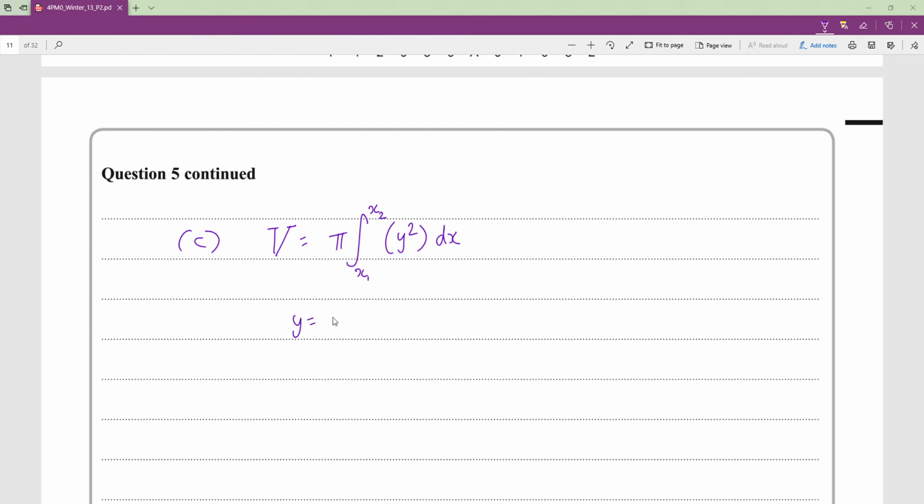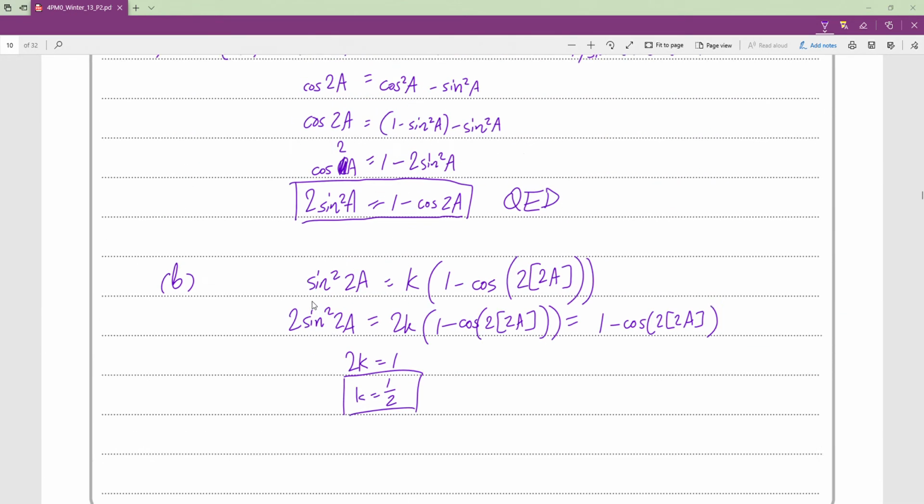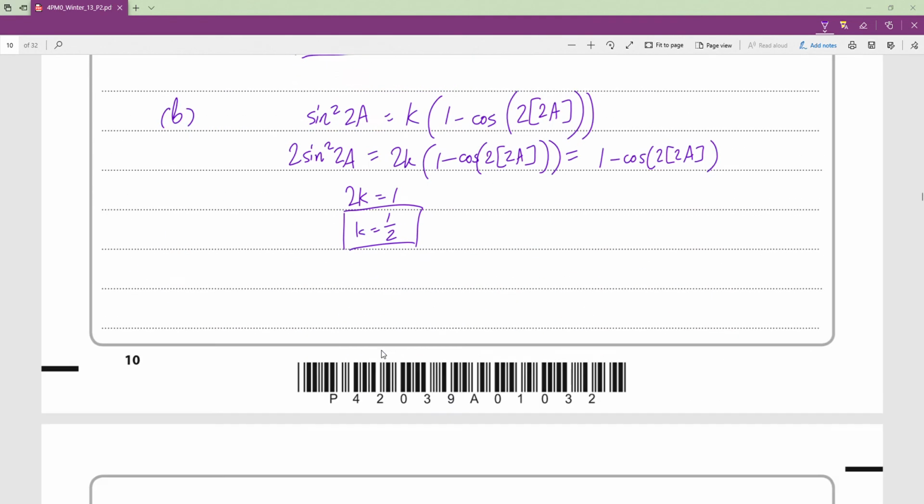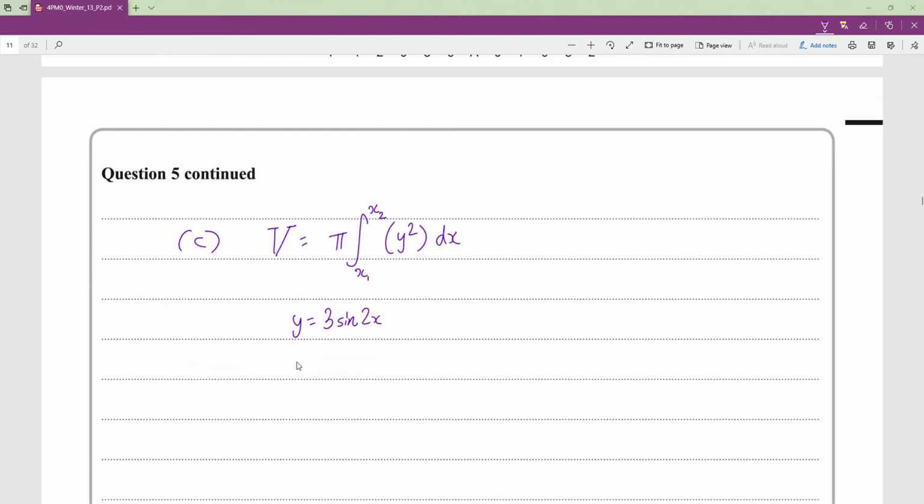Given that y is equal to 3 sin 2x, and that we are approaching this with the bounds given in the question from 0 to pi over 6, y squared is 9 sin squared 2x. V is equal to pi times the integral from 0 to pi over 6 of 9 sin squared 2x dx.